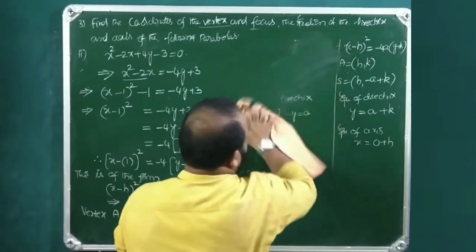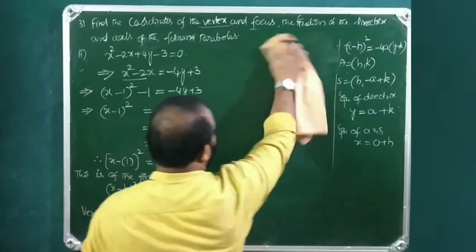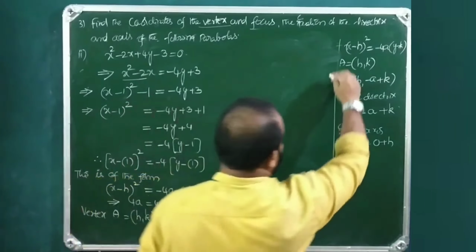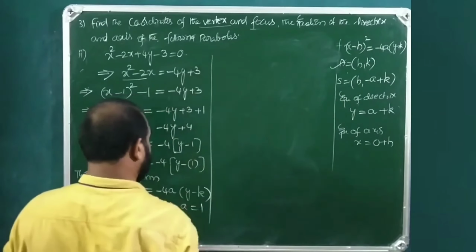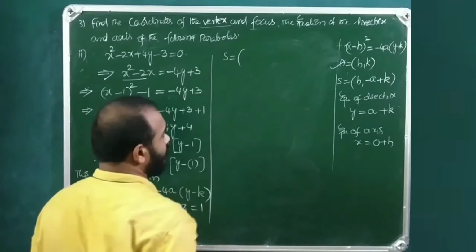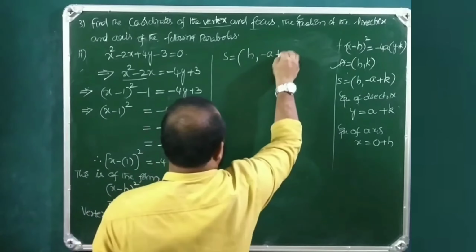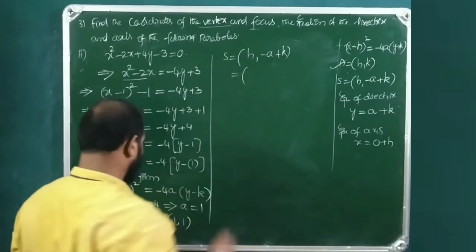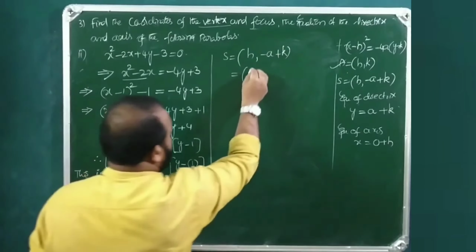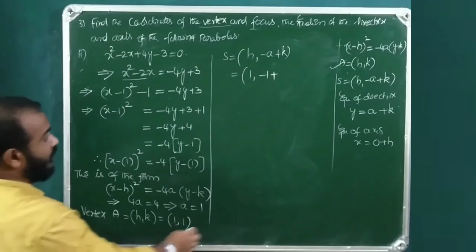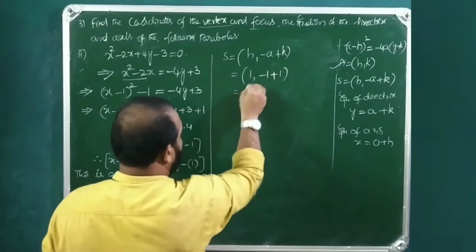So I am rubbing all these things and see this. Already the vertex is found, and the focus S is equal to h comma minus a plus k. h is 1, minus 1 plus k is how much? 1. So this is equal to 1 comma 0.